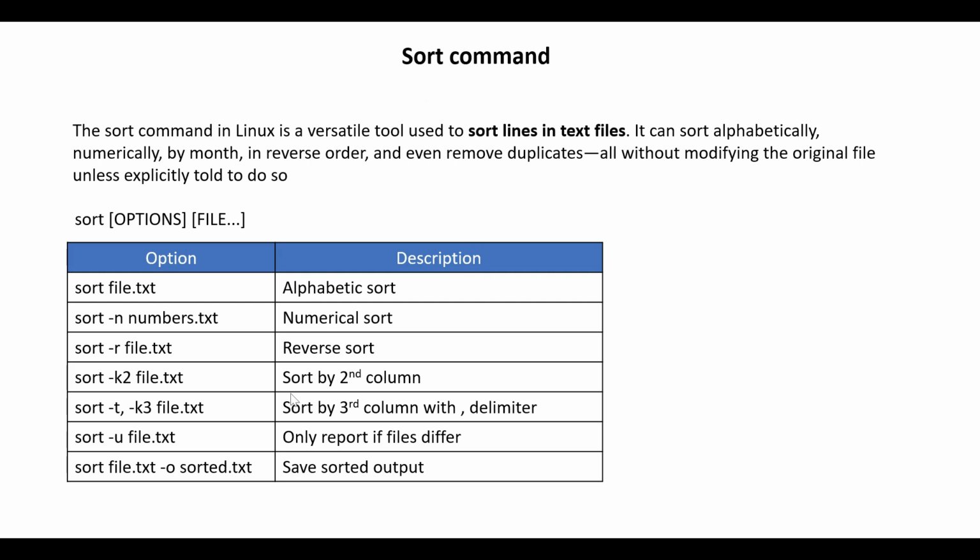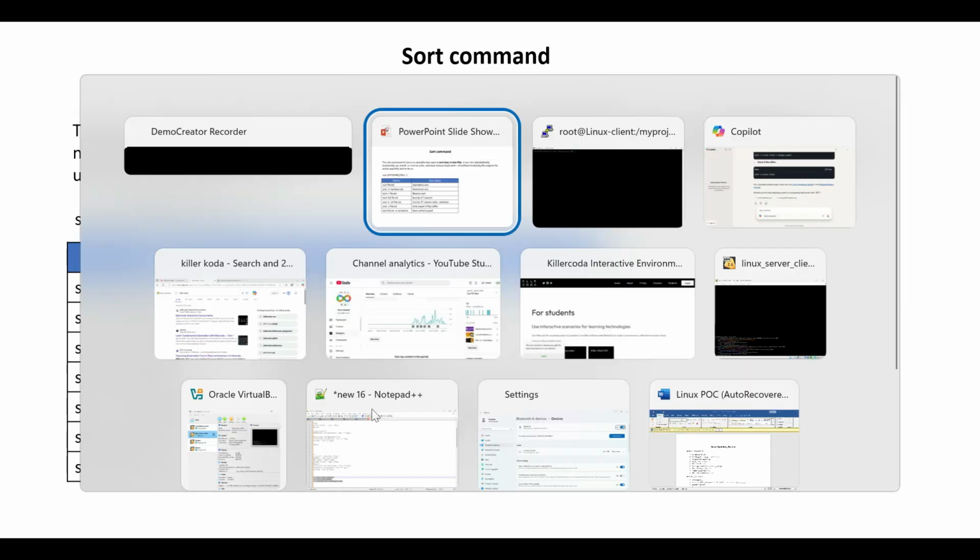I'll directly jump into my machine and we will execute all these options. So how can we sort alphabetic, numerical, reverse sort, and based on the columns, and how can we apply our sorting based on the delimiter. How to take output, all this we will see.